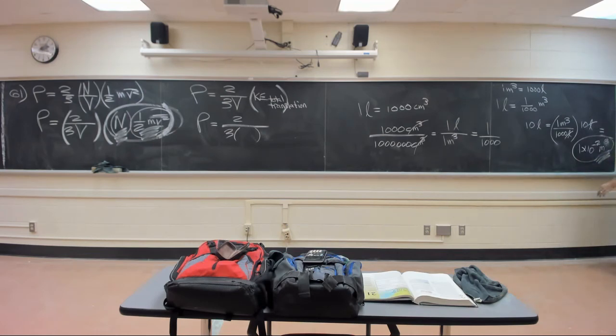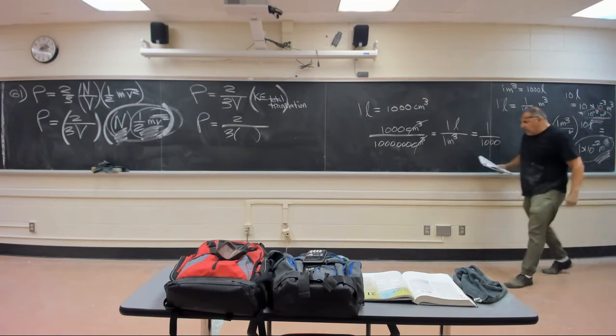So in other words, you're multiplying this right here. That's 1,000th. 10 liters is equal to 10 times 10 to the negative 3 cubic meters. That's 10 to the negative 2 cubic meters. That's where we're getting that, you guys. So you can write that a bunch of ways.